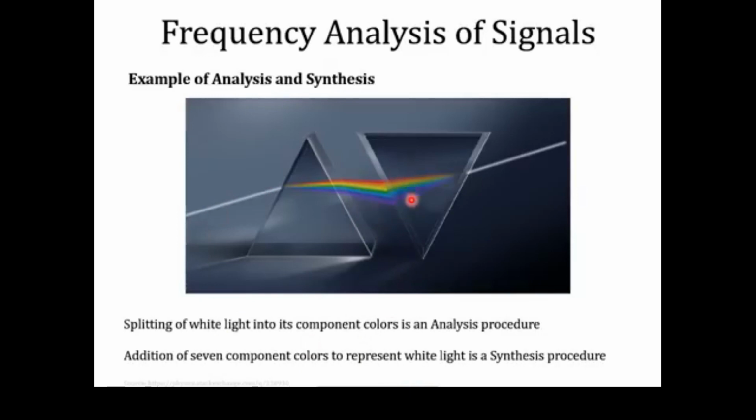Similarly, these component colors will be considered as the basic quantities or the simpler quantities, because each color is different from the other by its own properties. So hopefully you get a better idea of both analysis and synthesis by discussing this example.